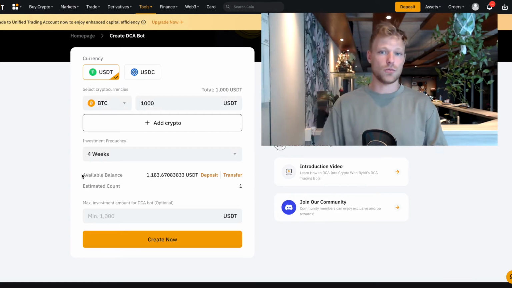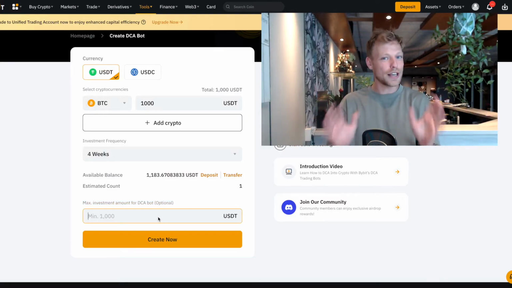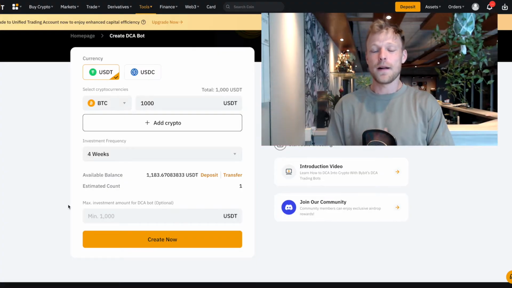And it is very interesting, guys, if you don't like the volatility of Bitcoin and you just want to safely invest in Bitcoin over the long-term time frame, basically, then this is a very good strategy because it cuts out all the volatility, right? If you buy on a certain day when Bitcoin is high, a couple of weeks later Bitcoin is low, if you bought all your Bitcoin or another token at this level, you will not have the best entry because maybe a couple of weeks later the price is lower.